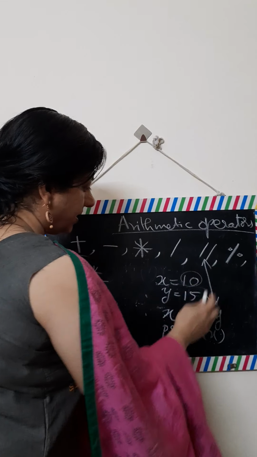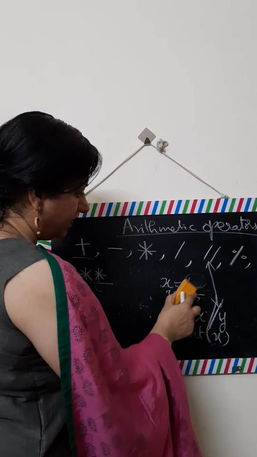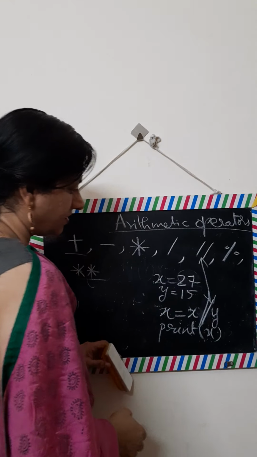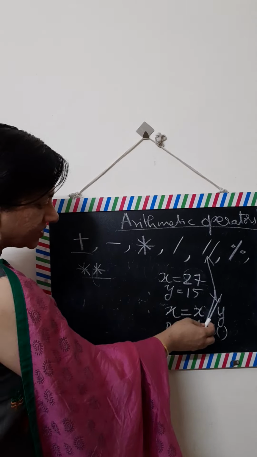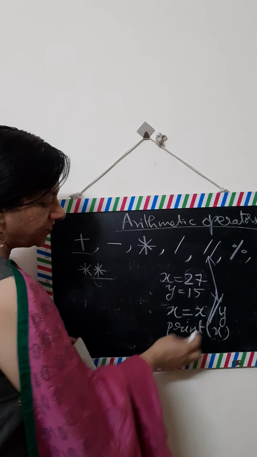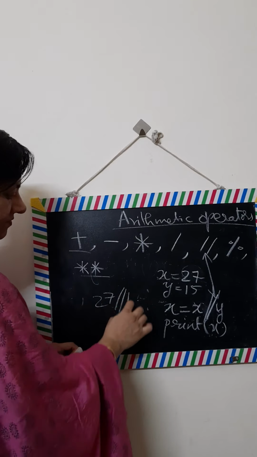If you wish to, I can take another example also. Let's say I will make this as 27. Okay. When I am saying 27 double slash 15, it divides but it gives only the whole number part.